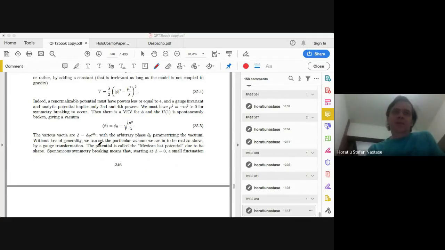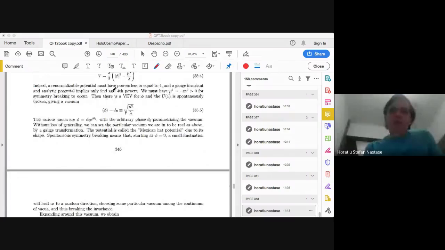But by a gauge transformation, a global gauge transformation even, we can set the particular vacuum to the real vacuum, where the vev of φ is just φ_0. So the gauge transformation removes the phase. This potential has usually been called the Mexican hat potential due to its shape, like a Mexican hat, in terms of φ in the complex plane.